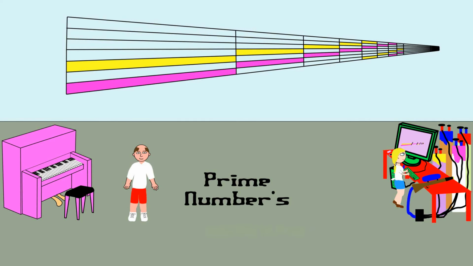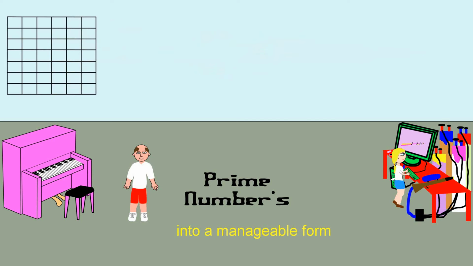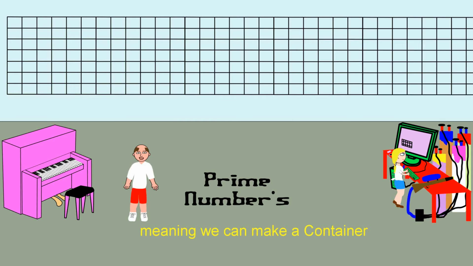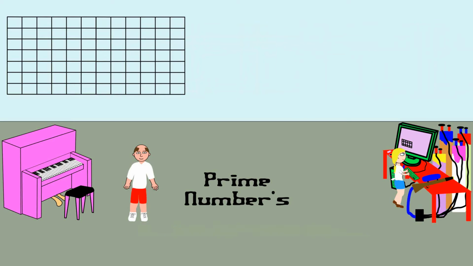Now this is true. They can go into infinity. But that's not realistic for us. And trying to manipulate an unending grid is not a sustainable endeavor. We must contain the grid into a manageable form. And this is arbitrary, meaning we can make the container any length we want.